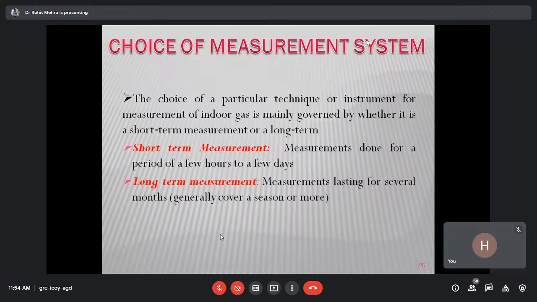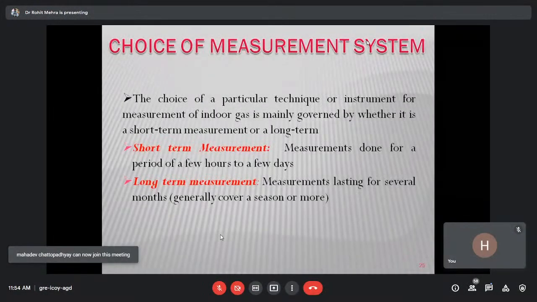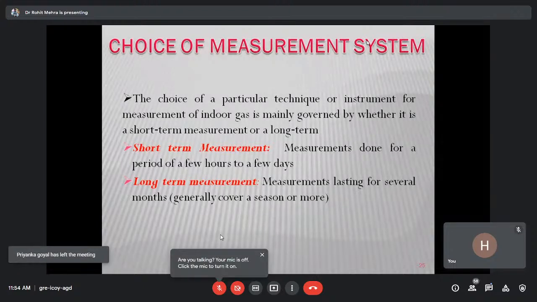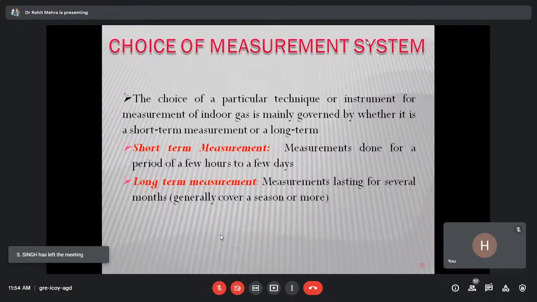But if we are interested in only having an instantaneous value, we should go for short-term measurements. There are some detectors which do short-term measurements and some which do long-term measurements. The choice depends on us, on what type of estimation we want to have.